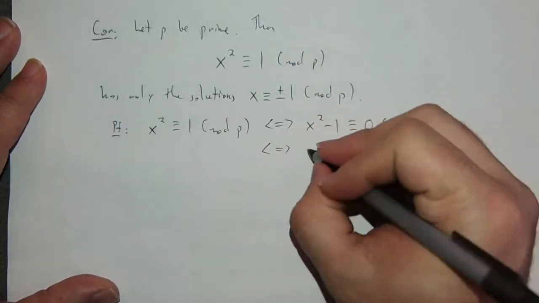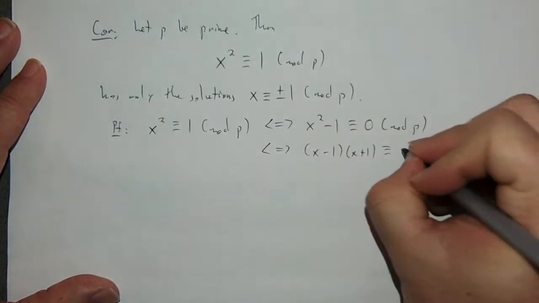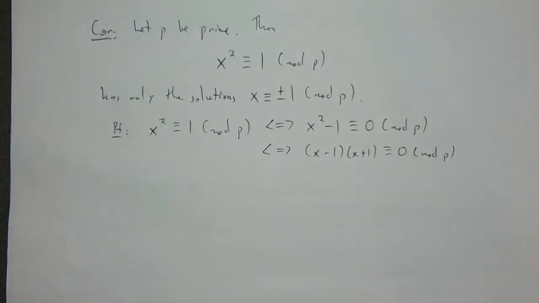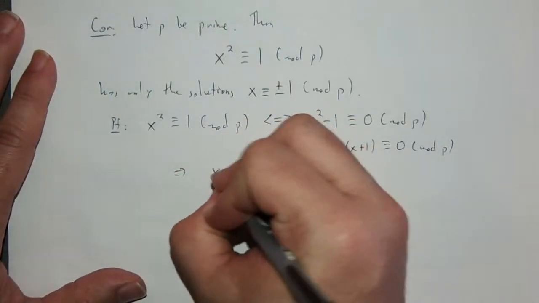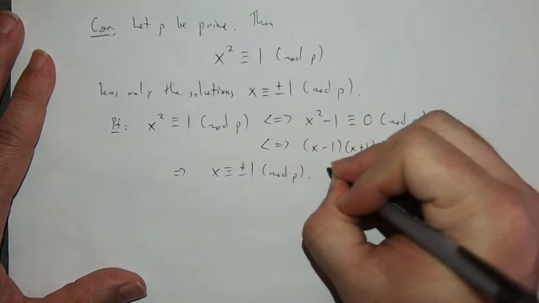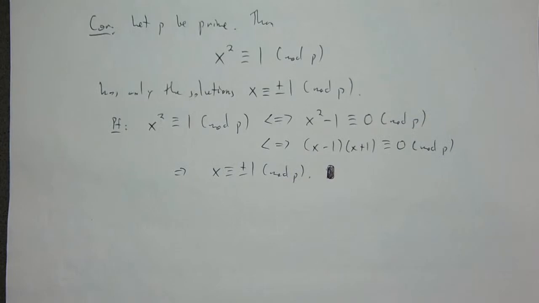If and only if I can factor: x minus 1 times x plus 1 is congruent to 0 mod P. And now I am happy. So x is congruent to plus or minus 1 mod P, and those are the only options by that proposition. Okay. All right.